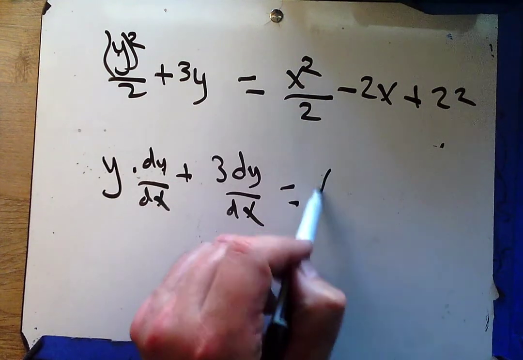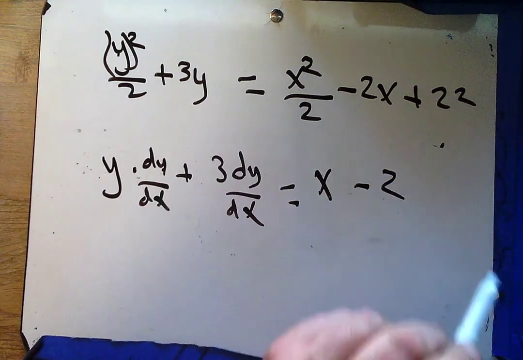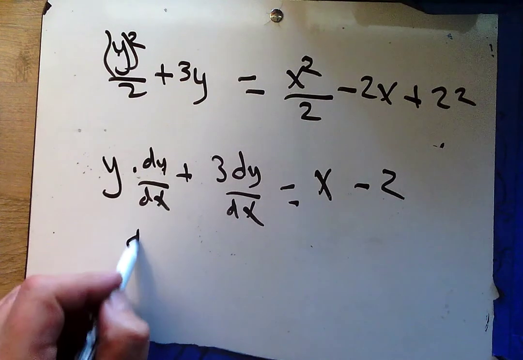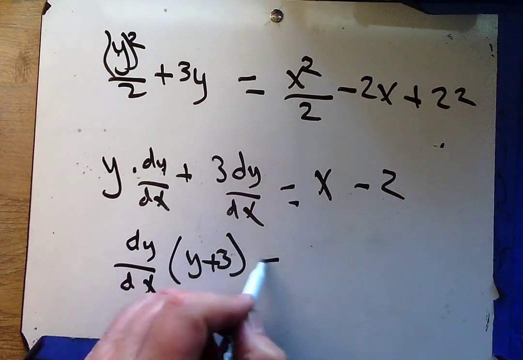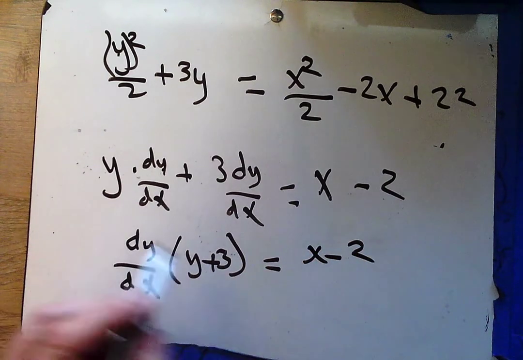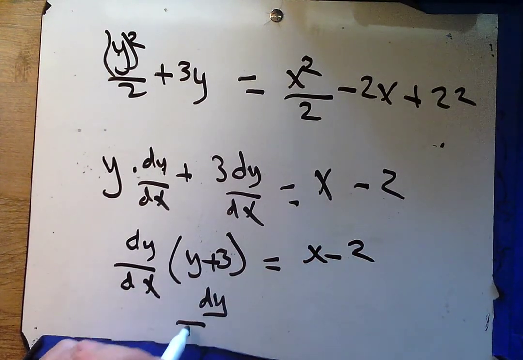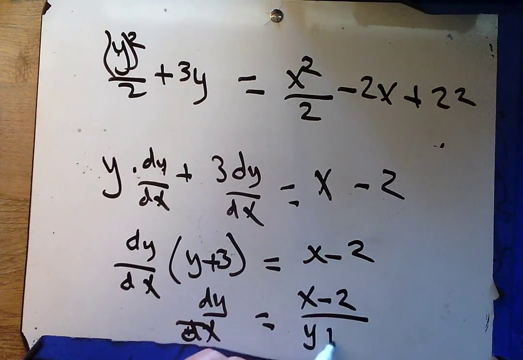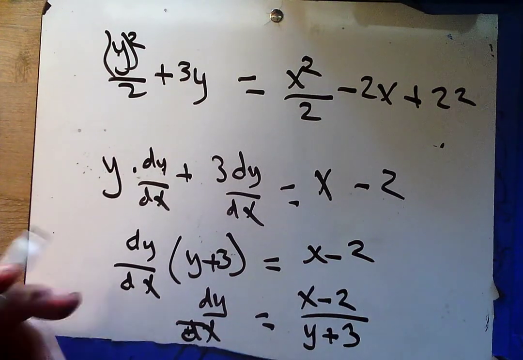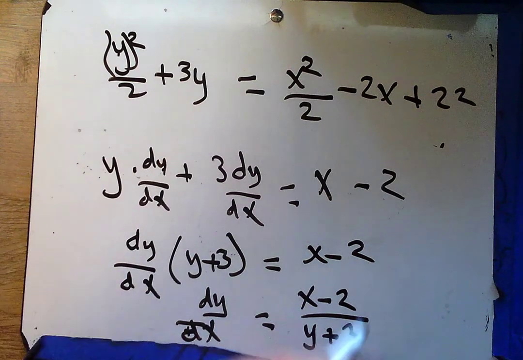The derivative here, x minus 2. So dy/dx times y plus 3, x minus 2, and I get dy/dx equals x minus 2 over y plus 3. Well, nice. Okay, so now I have a derivative.